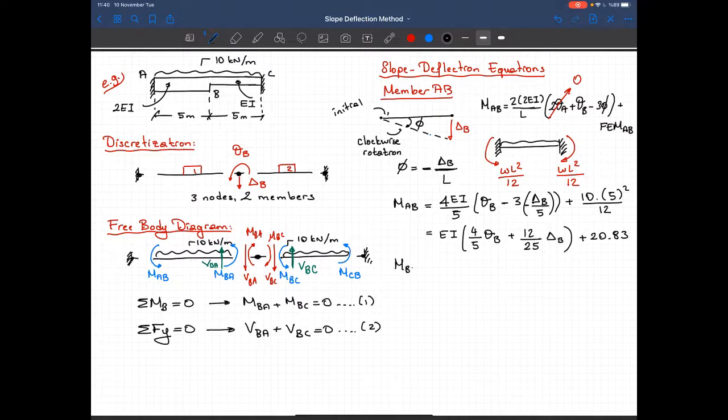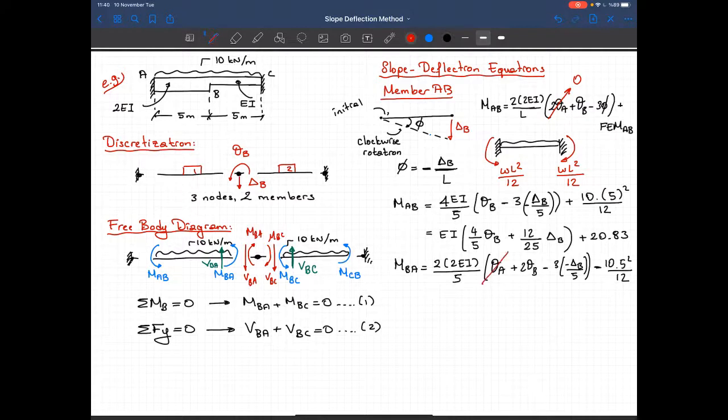So M_BA is equal to 2 times 2EI over 5 times (theta A plus 2 theta B minus 3 delta B over 5) minus 10 times 5 squared over 12.